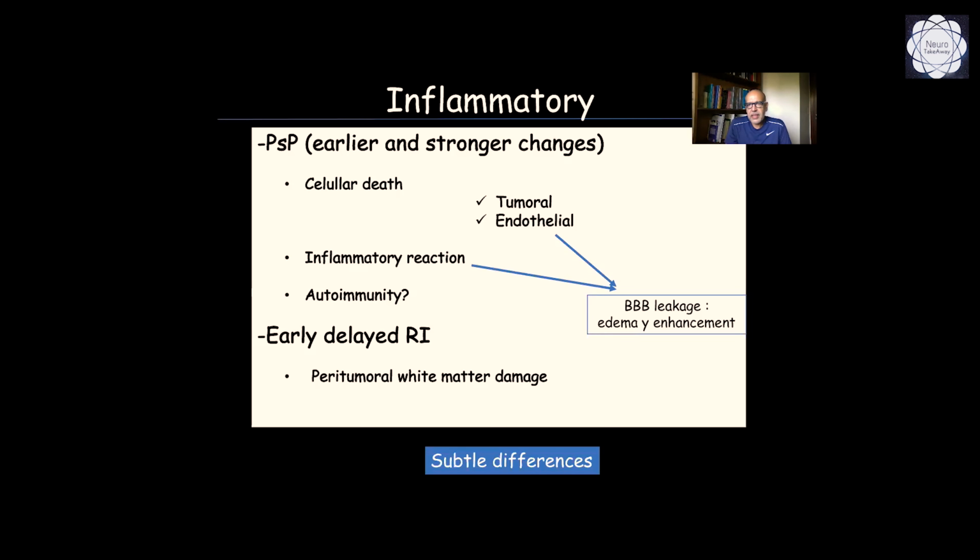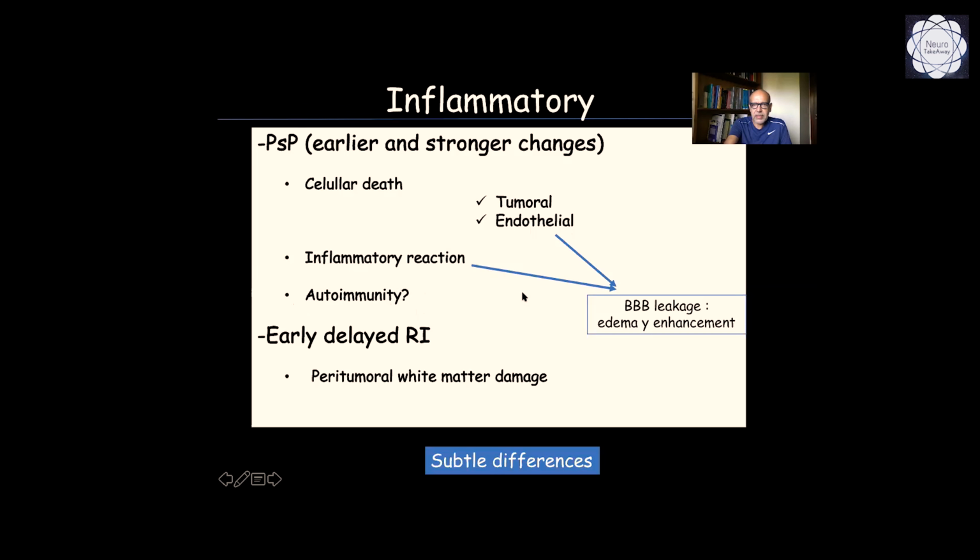And on the other hand, there is some overlap between the concept of pseudoprogression and early delayed radiation injury. The difference is that pseudoprogression is related to cellular death, both of tumoral and endothelial cells, and there is an inflammatory reaction, and sometimes some authors believe that there is autoimmunity.